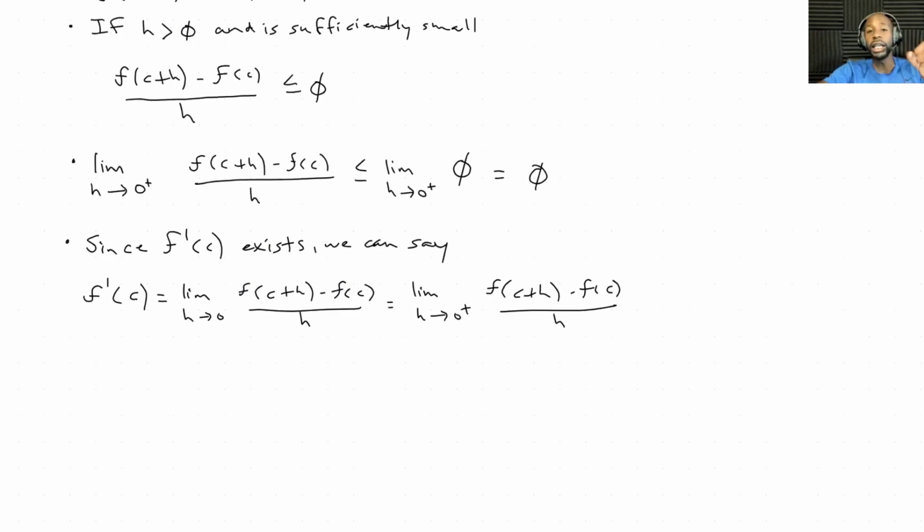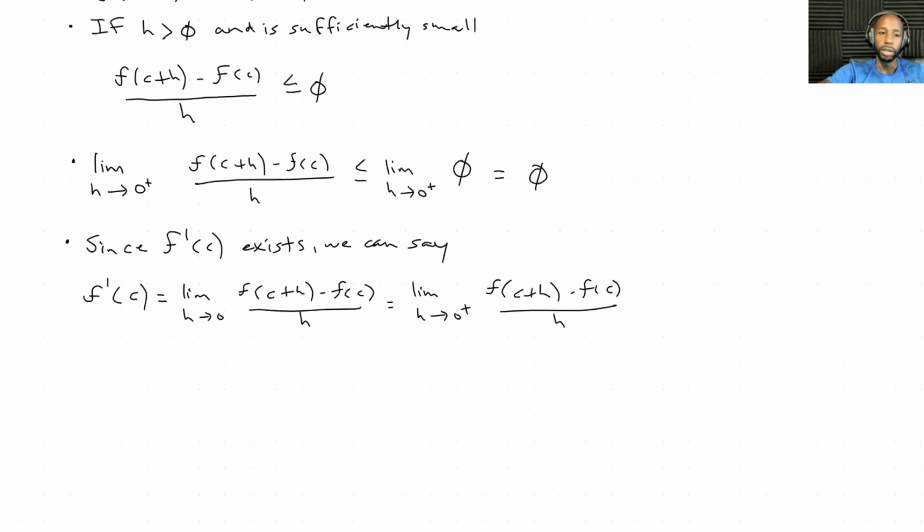And we're able to say that they're equal because the derivative exists. Remember, for the derivative to exist, the limit from the right and from the left have to both be equal to the same thing. If the limit approaching from the right is one thing, the limit approaching from the left is another thing, then we can't say that the derivative exists. Okay, so hopefully that makes sense.